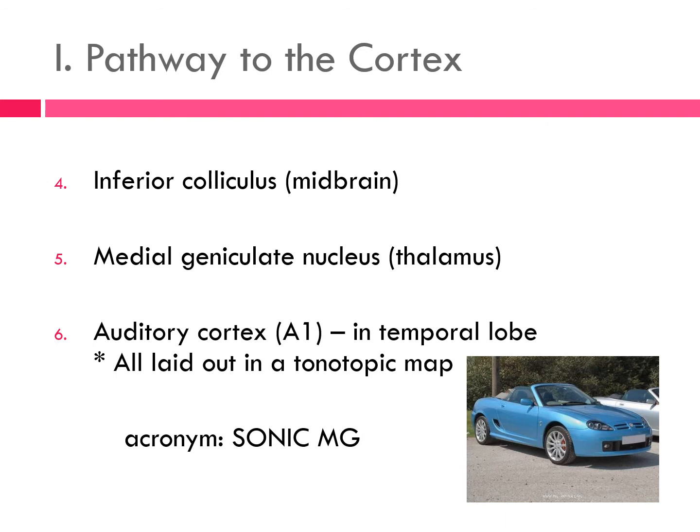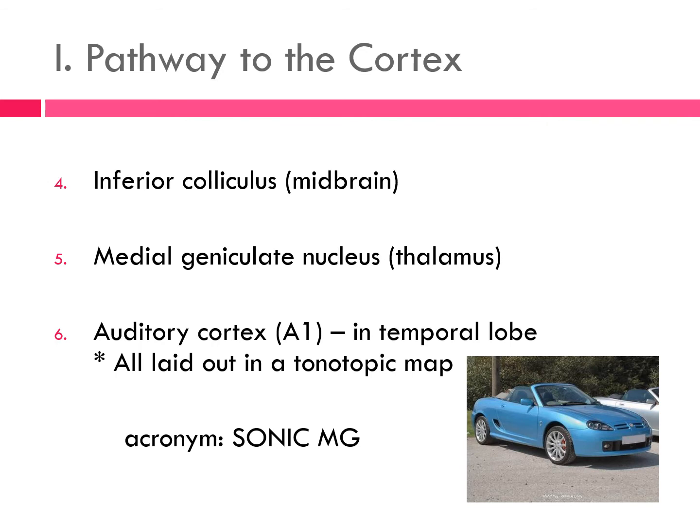I briefly introduced that idea when we talked about place theory and how the basilar membrane has a tonotopic map, with low frequencies near the apex and high frequencies near the base, kind of backwards from the way we think of when we look at the shell itself. But remember, the basilar membrane's thicknesses and thinnesses are opposite of the cochlea.